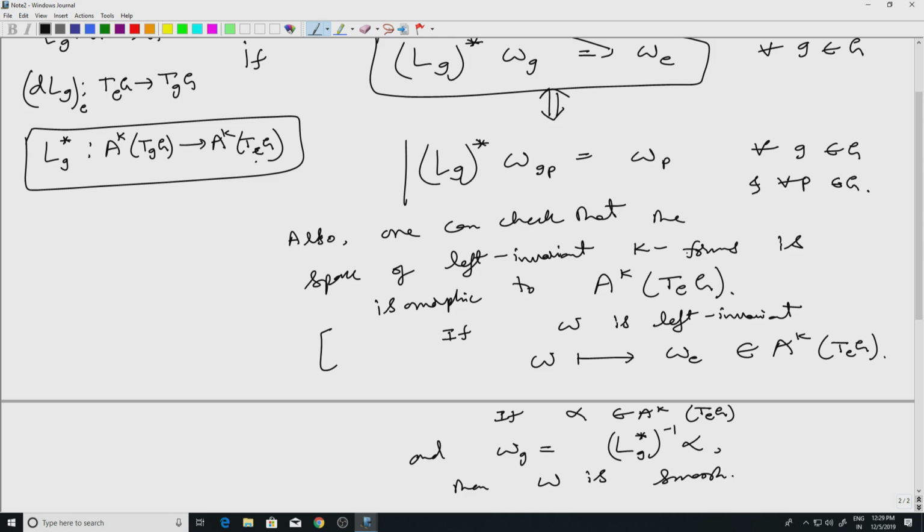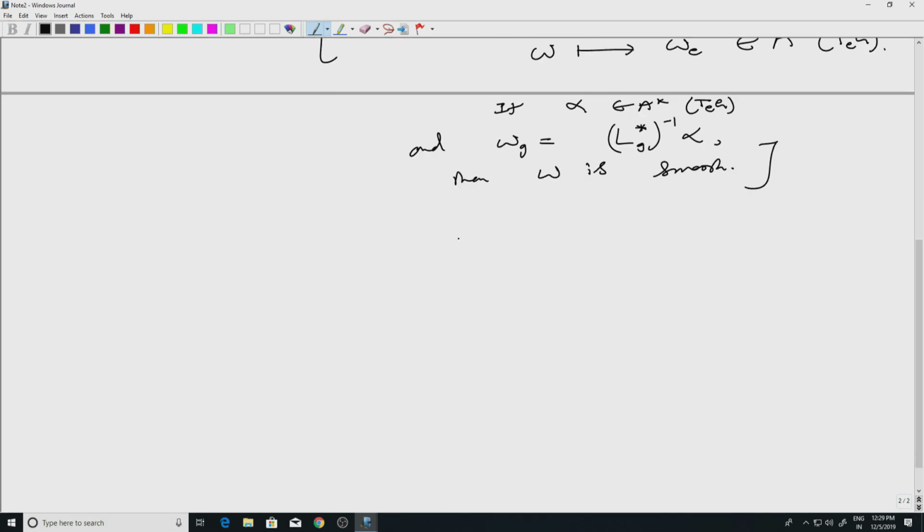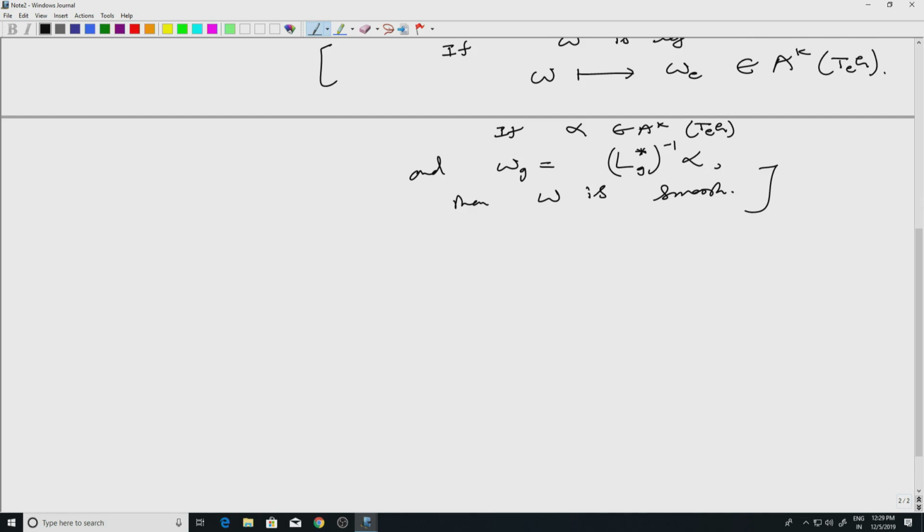This is the thing which has to be checked. As g changes, what we get is a smooth form on the Lie group. This has to be checked even for vector fields, which I didn't go over. As a reference, I would recommend John Lee's book on smooth manifolds, which has a short proof for the vector field case and this case as well.